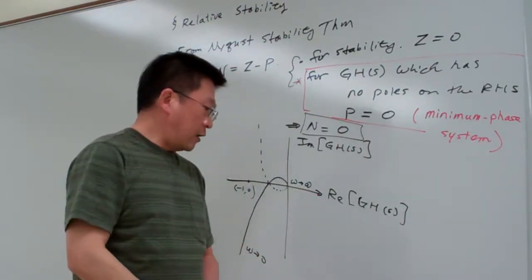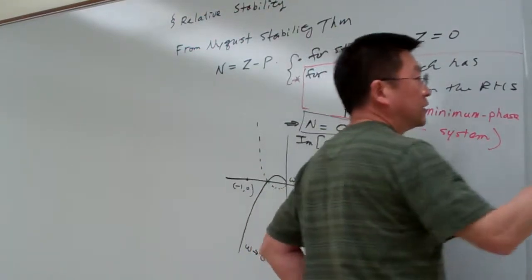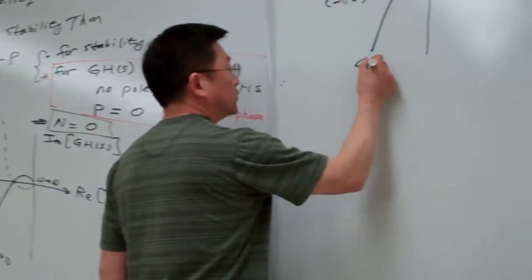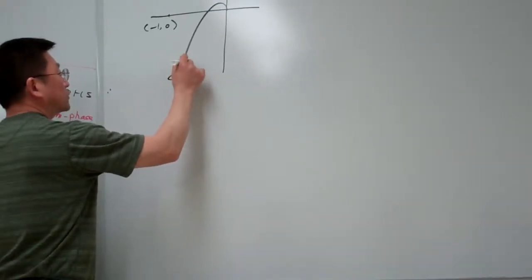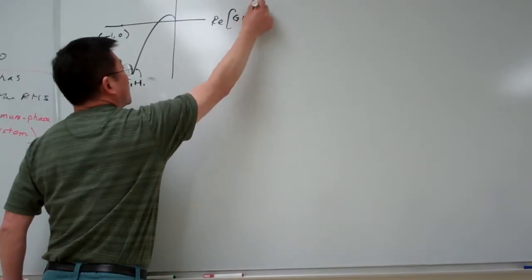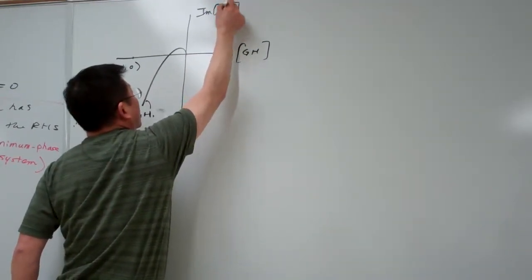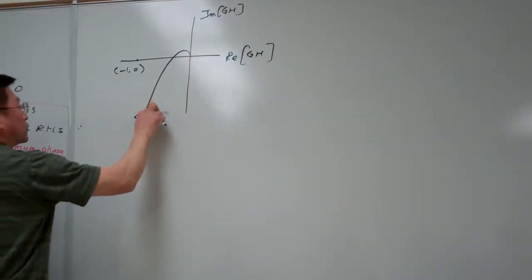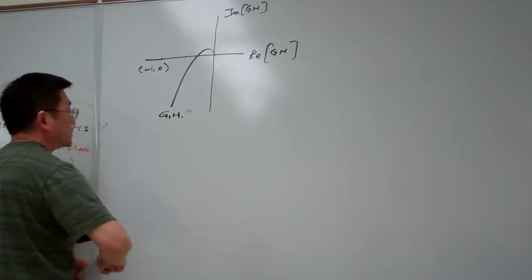For example, this is system 1, G1 H1. This is the real part of the GH, and this is the imaginary part of the GH. Let me draw another system.